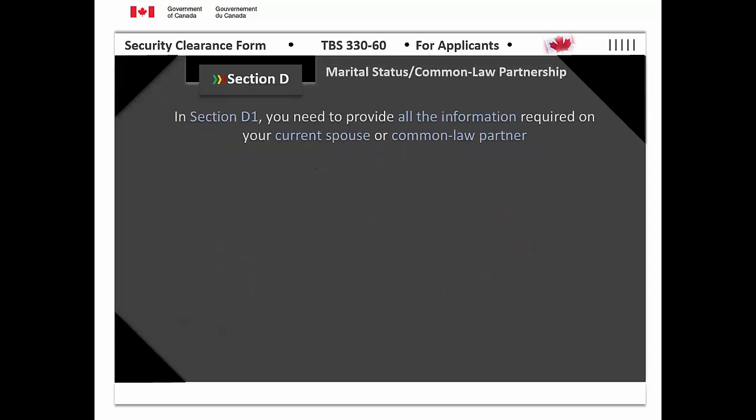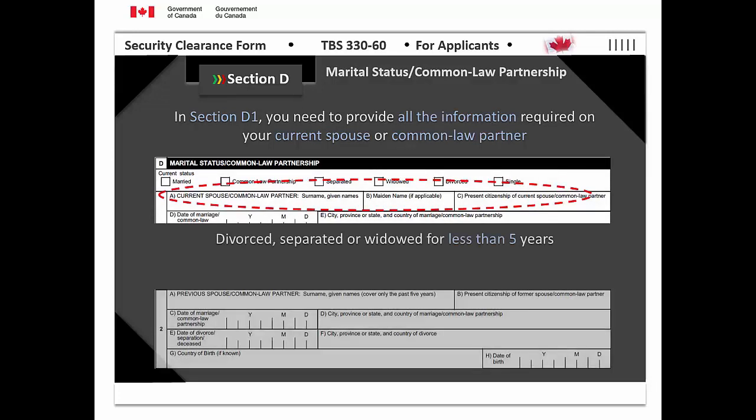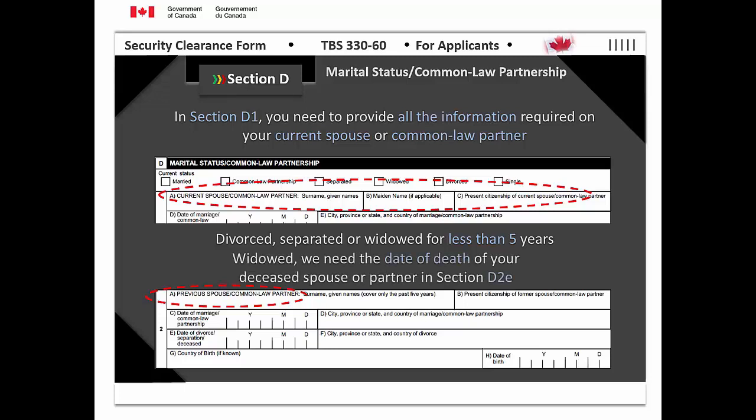In Section D1, you need to provide all the information required on your current spouse or common law partner. If you have been divorced, separated, or widowed for less than 5 years, you have to include your previous spouse or partner in Section D2. If you are widowed, we need the date of death of your deceased spouse or partner in Section D2E.